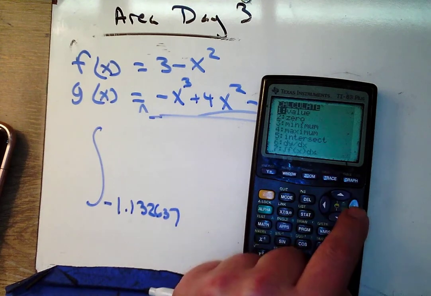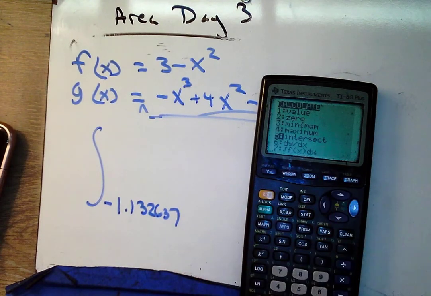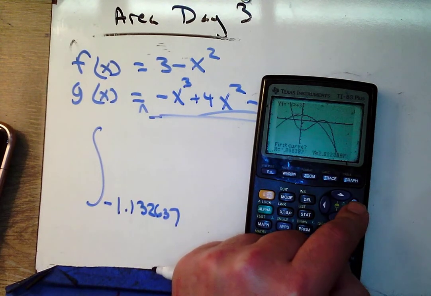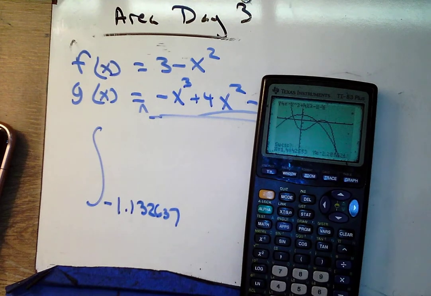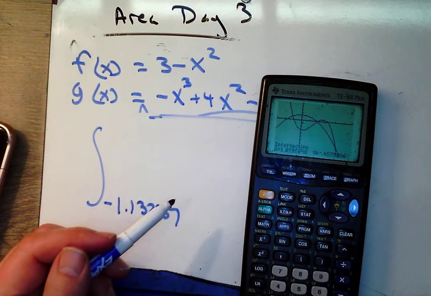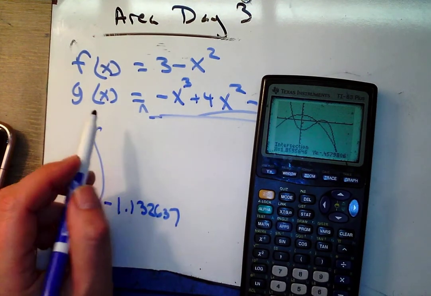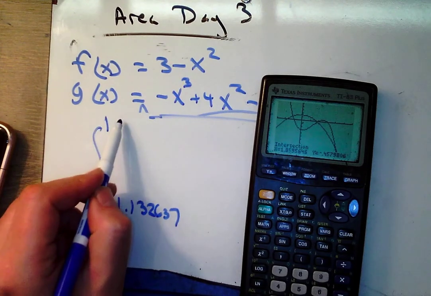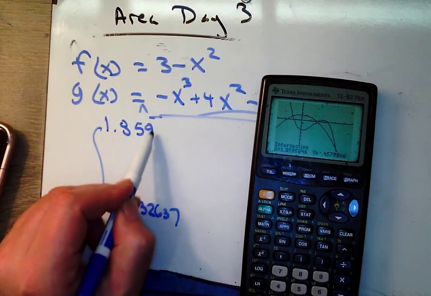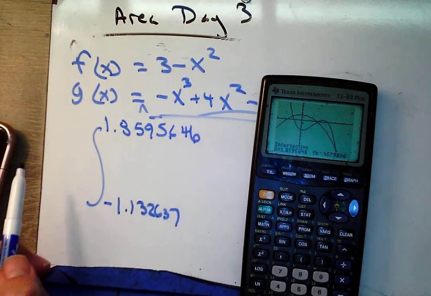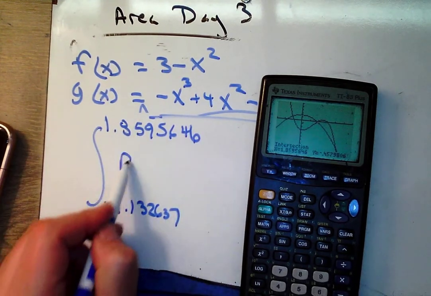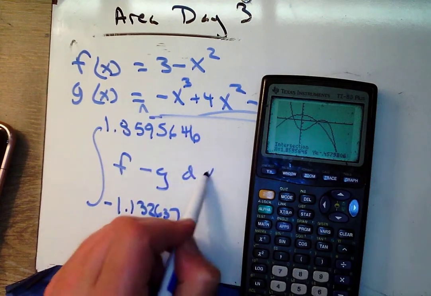So second, calculate, intersect. Enter, enter, enter. And that gives me 1.8595646. Excellent. And that's going to be f minus g.